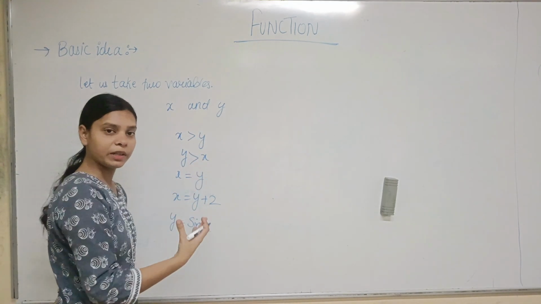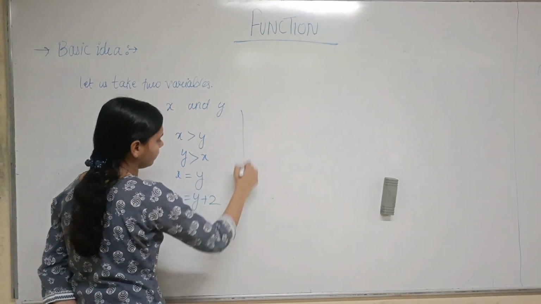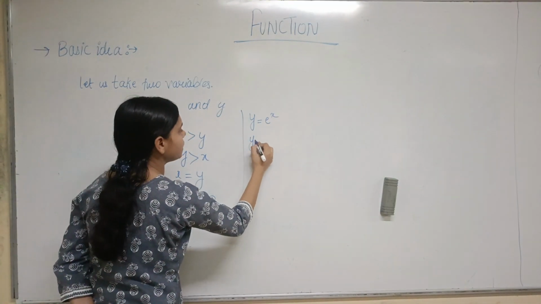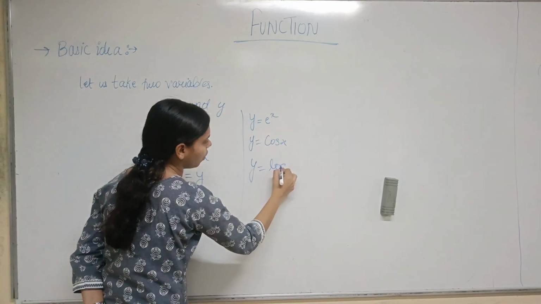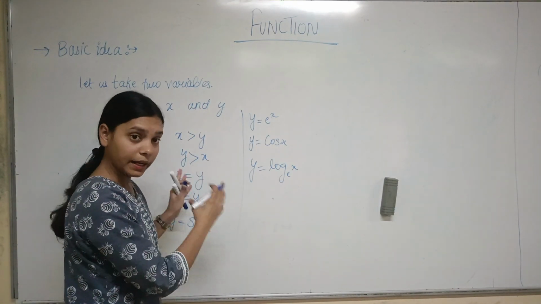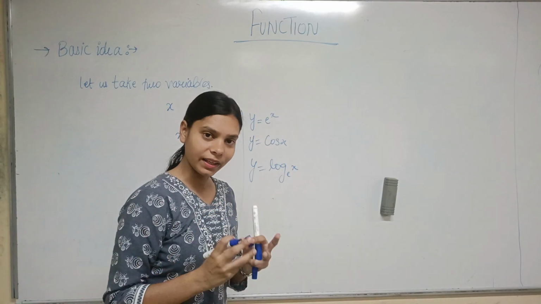All these are relations between x and y. We can also take y is equal to e to the power x, y is equal to cos x, y is equal to log of x. All these are relations between two variables x and y.